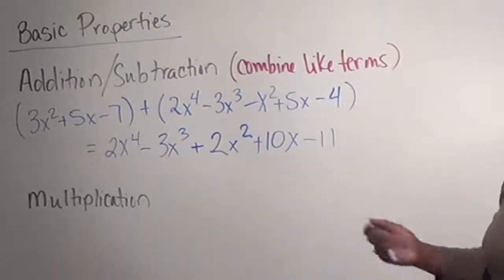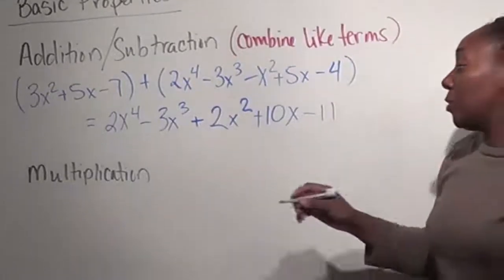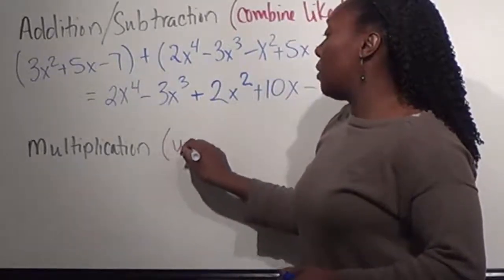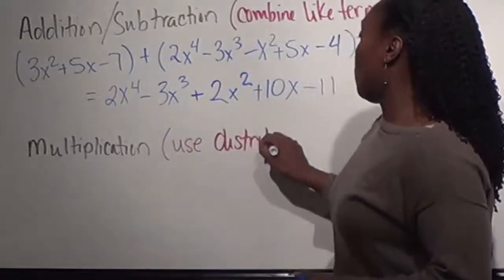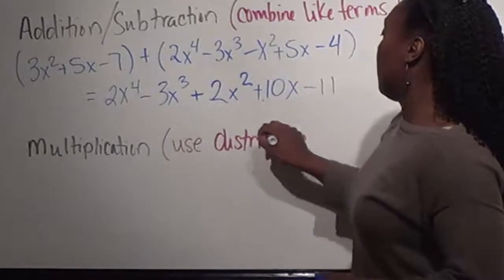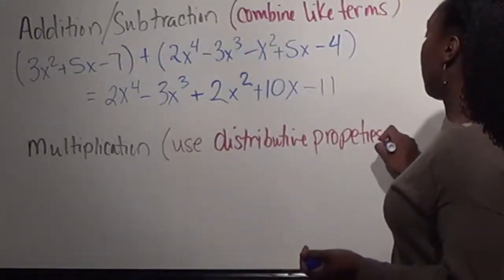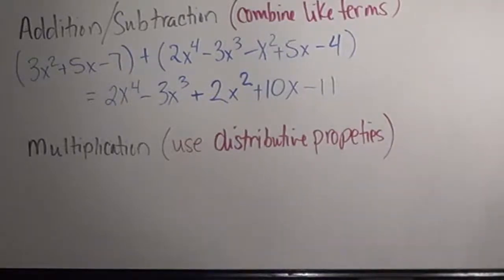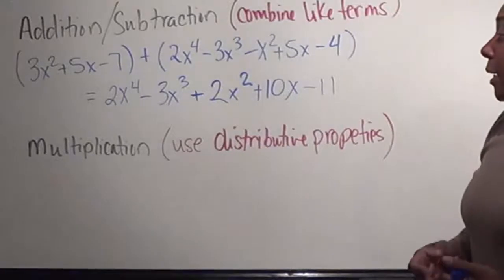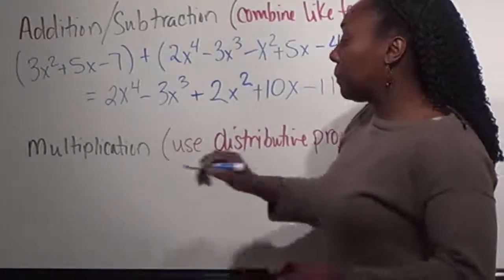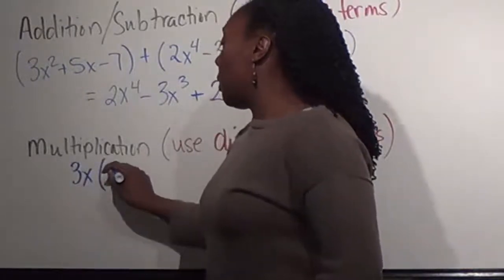Okay. For multiplication, to solve a multiplication of two or more polynomials, I'm basically going to use distributive properties. And if you listen to how I said that, I do actually mean plural there. So it may not just be one distributive property, it depends on what I'm multiplying by. Okay. So for example, I could have just a single term being multiplied through.